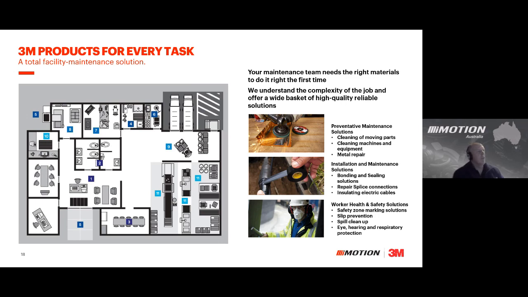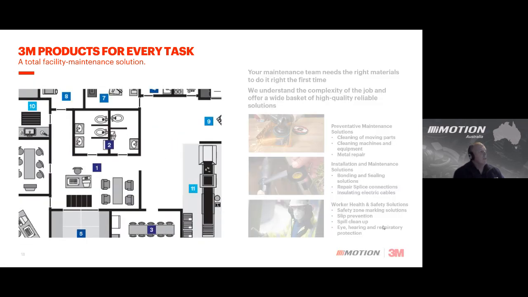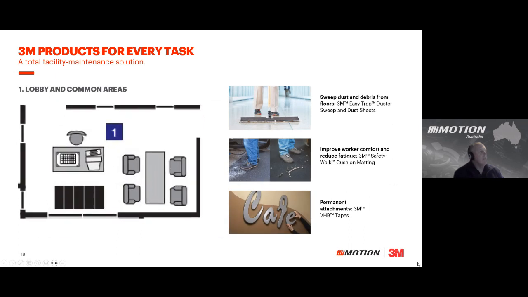So first off, we'll get to the next slide. As you'll see, section 1 is the lobby and common areas. These are just a few of the products 3M have that will help in these areas, whether it's to sweep dust and debris from your floors using the 3M duster sweep and dust sheets, through to your footwear area, improving your comfort and reducing your fatigue with the 3M safety walk cushion matting.